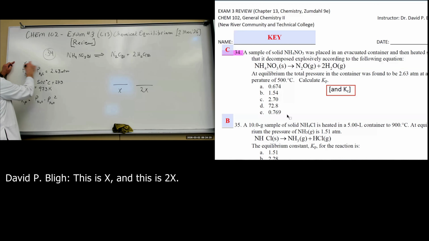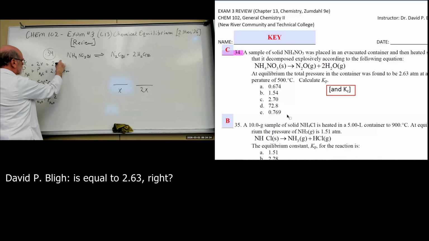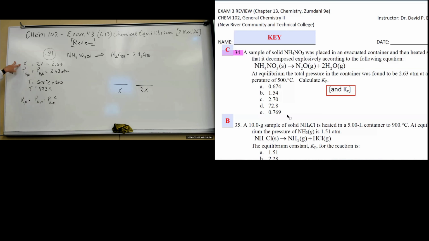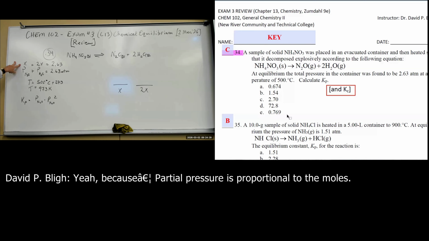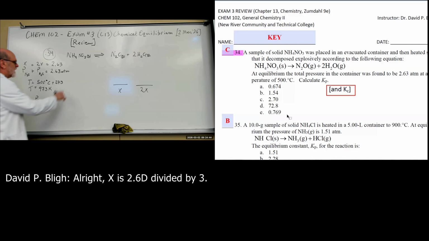If this is X, then this is 2X, and the total is equal to 2.63, right? Yeah, because partial pressure is proportional to the moles of each of its components. We learned that from Dalton. Okay, so we can find out what X is. All right. X is 2.63 divided by 3.